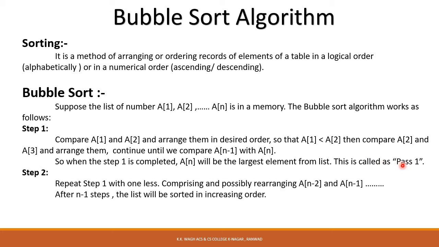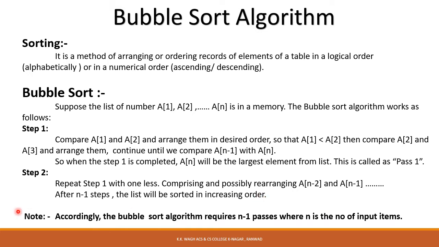Then in step 2, we repeat step 1 with one less element each time. That is, at every pass we get the largest element from the list as the last element. So we compare and possibly rearrange an minus 2 and an minus 1, and after n minus 1 steps, the list will be sorted in increasing order.